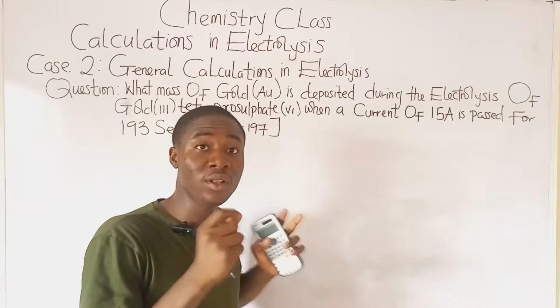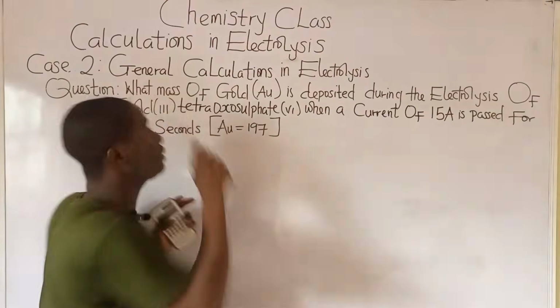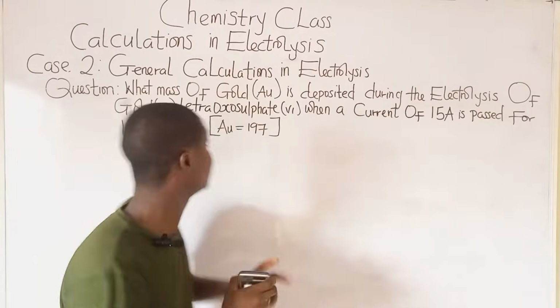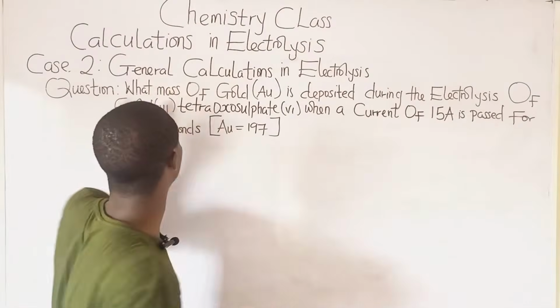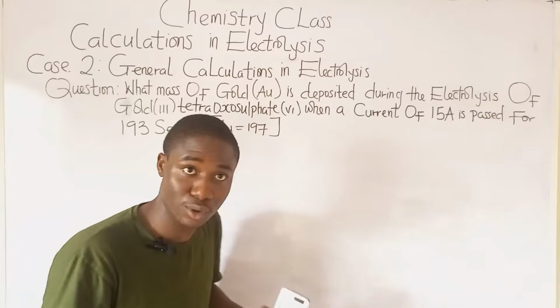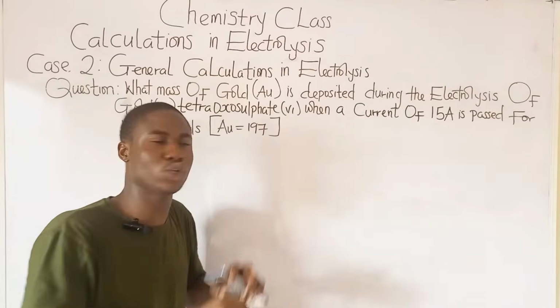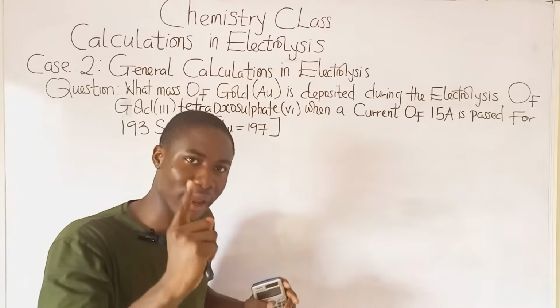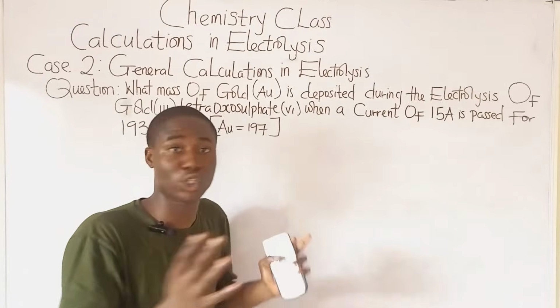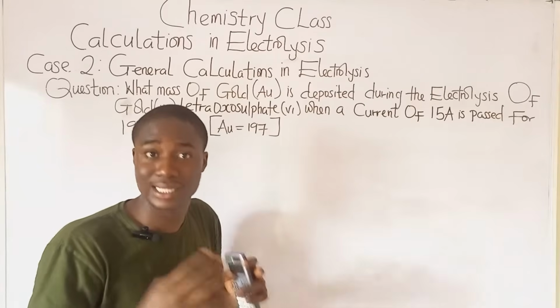Okay guys, moving further to the second case in solving questions in electrolysis, and the case is basically titled General Calculations Seen in Electrolysis. For us to solve questions of this sort, we have to know a formula. Recall I said I already have a video lesson that explains the derivation of all these formulas I'm writing here.